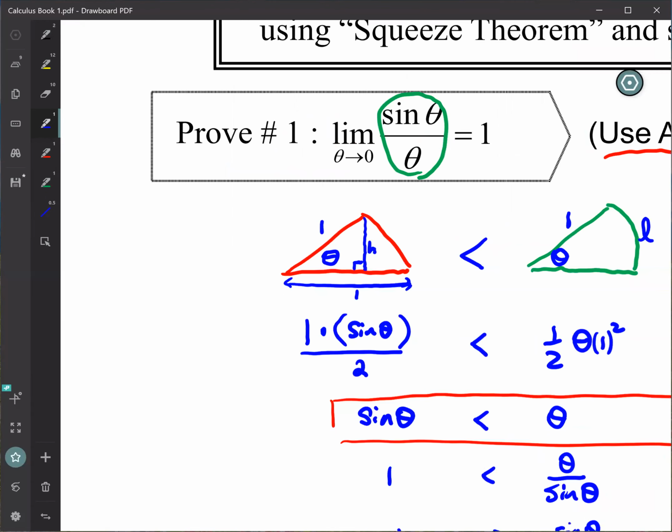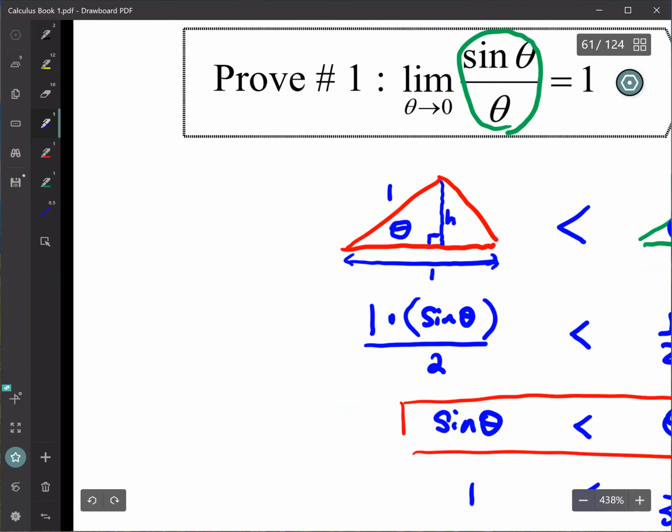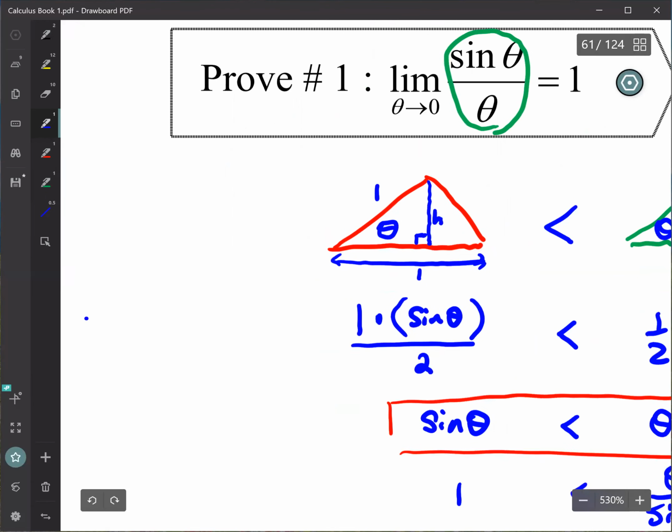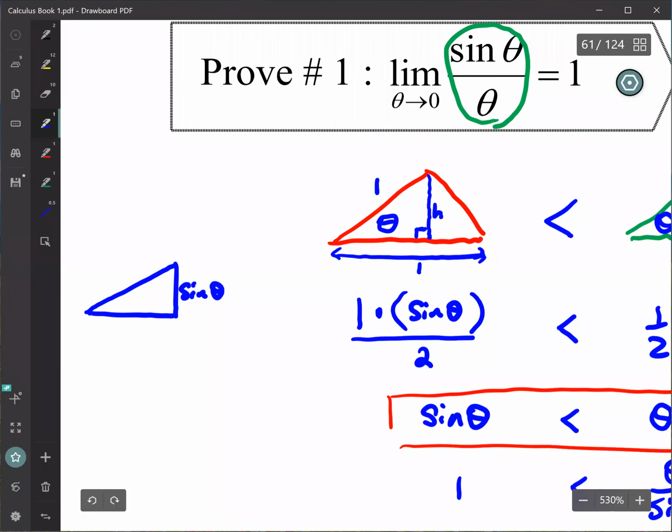So imagine the angle gets super small. For example, this is sine theta, right? We already showed that the opposite side should be sine theta. And then you have theta there, hypotenuse is 1.